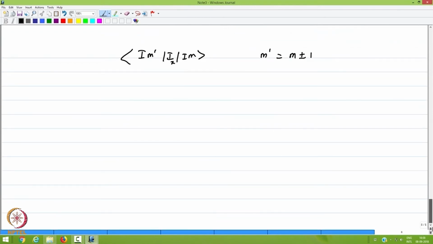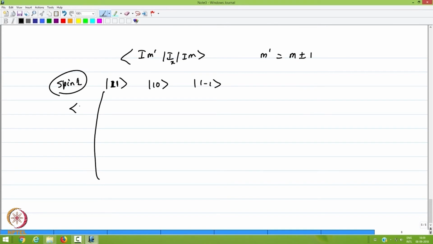Therefore, if you write this in the matrix notation, generally for example, let us write this for spin 1. The Im will be 1 1, 1 0, 1 minus 1, and the bra states are 1 1, 1 0, 1 minus 1. Now, this element is 1 1 Ix 1 1.